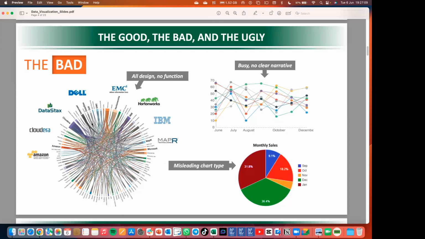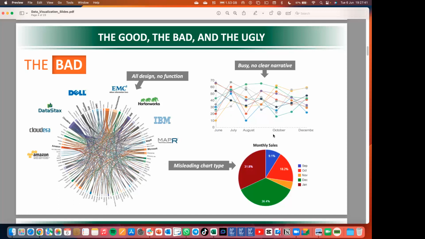So confusing, we don't know what they are communicating. Here the design is all there, but no function, because we don't know what they are presenting. Then there is this, it's busy. You see the yellow goes up, down, we get lost somewhere with orange, we follow orange, we remember that we are following yellow. At the end of the day, you can't tell the story. You can't tell who was the best, if it is speaking about the performance per month.